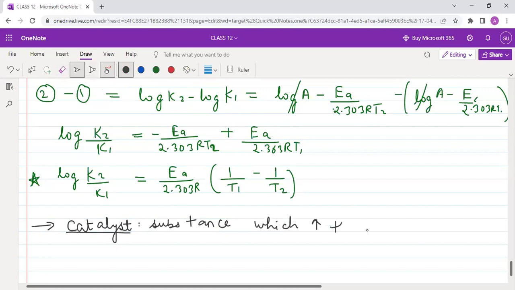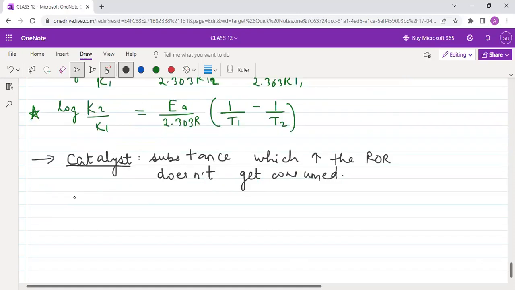So the substance which increases the rate of reaction is called a catalyst, and it doesn't get consumed in the reaction. It participates in the reaction, but it doesn't get consumed. We get it back after the end of the reaction.